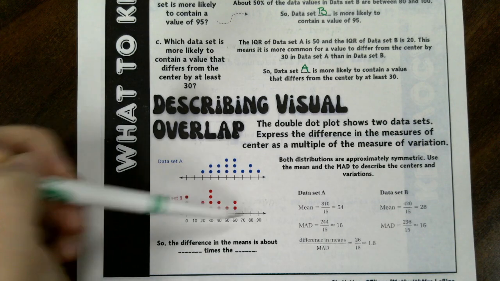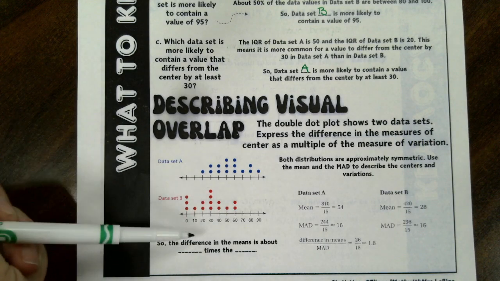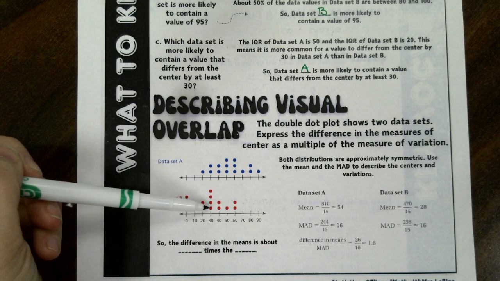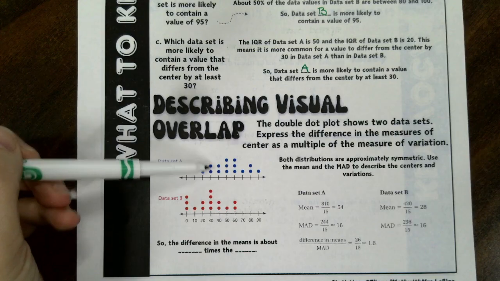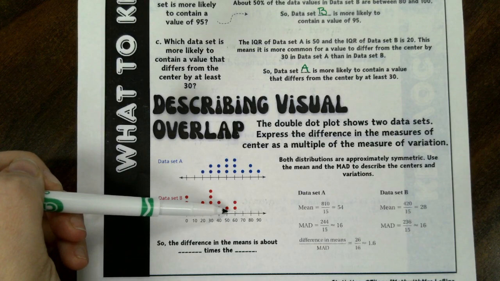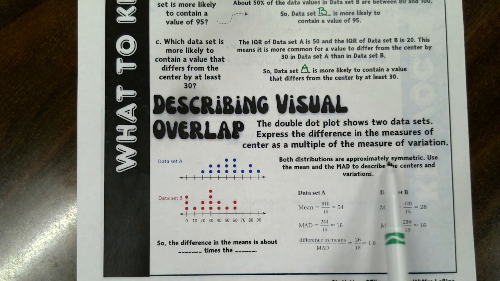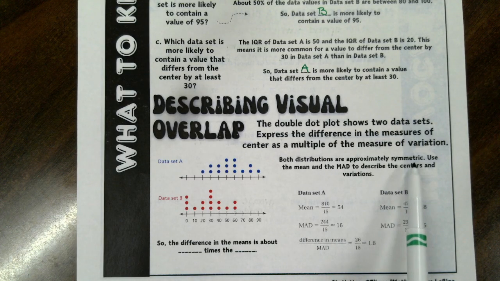These numbers you're seeing here apply to both, which is why they're overlapping each other. So you're seeing that at 30 there are 4 here and 2 here, and at 50 this one had 1 and this one has 3. Okay? So both distributions are approximately symmetric.